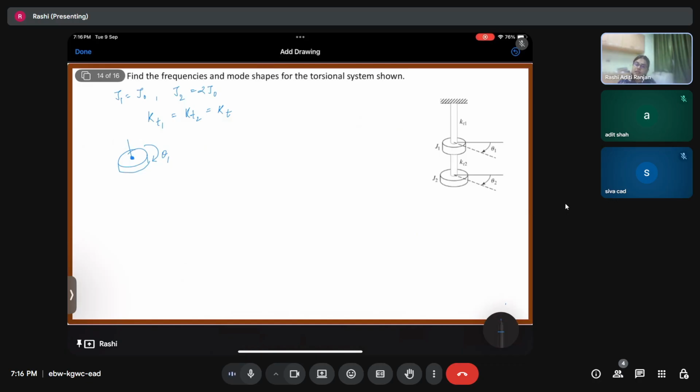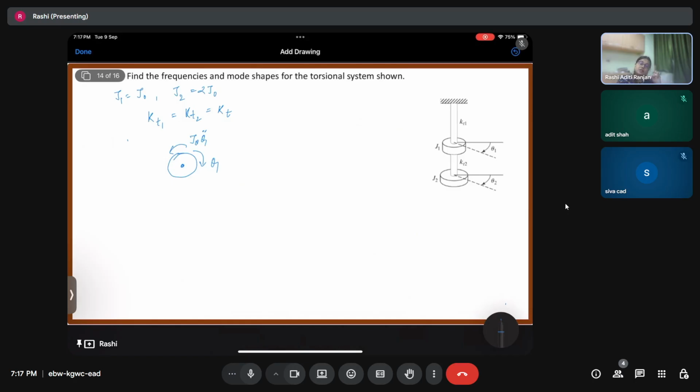Now, because of this, inertia is going to act, right? Okay, maybe I should just make a top view, that will be better. So, this is the disk, and it is rotating in the clockwise direction as theta 1. The inertia force is going to be like this, J naught theta 1 double dot.